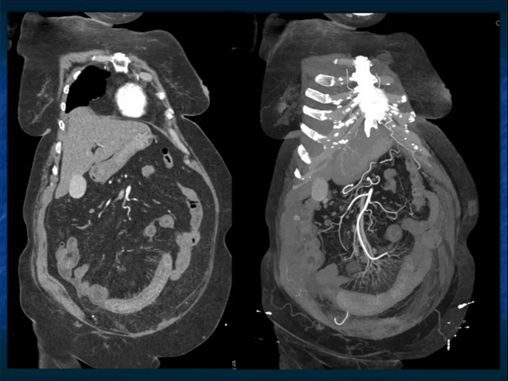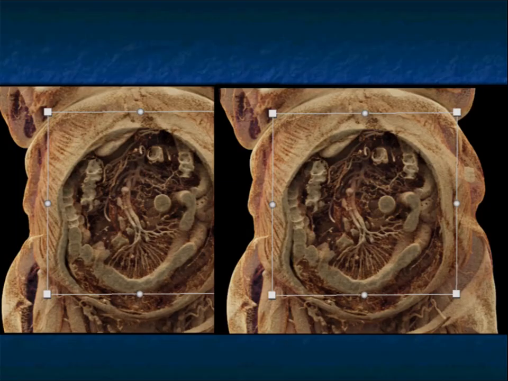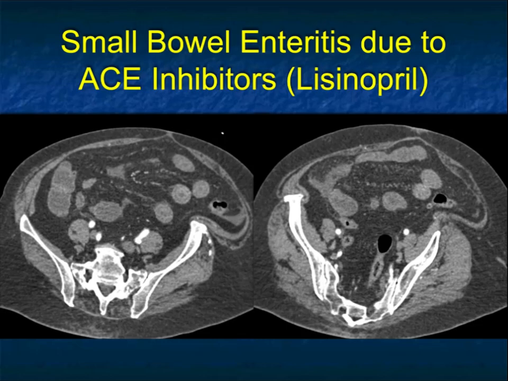Did this patient get chemotherapy? Did the patient get radiation therapy? Did the patient have a bone marrow transplant? Does this patient have Crohn's disease? Does the patient have ischemia? What exactly is going on in this patient with an acute abdomen? You see multiple small mesenteric nodes. You see the prominence of the vessels, the vasa recta, very nicely shown to you on the cinematic rendering. And so you're thinking about many different possibilities.